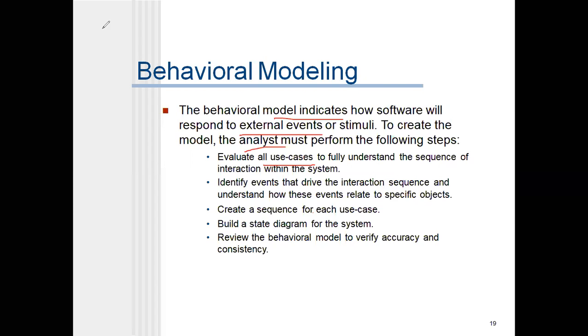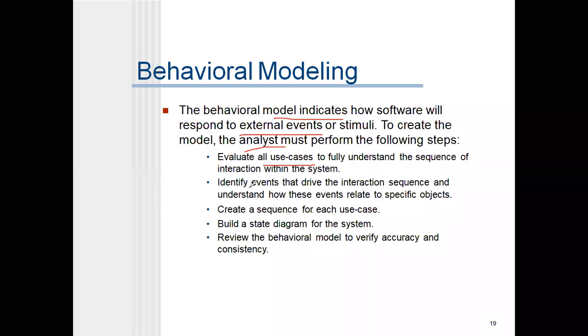This representation comes in use case diagrams only. That's why first of all we need to analyze the use cases carefully to understand the response and interaction between the end user and that particular system.